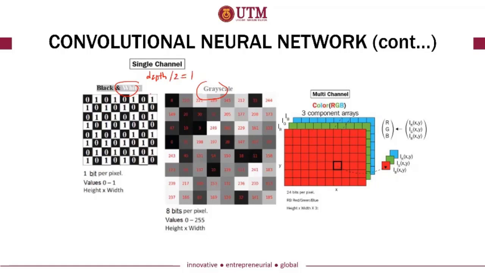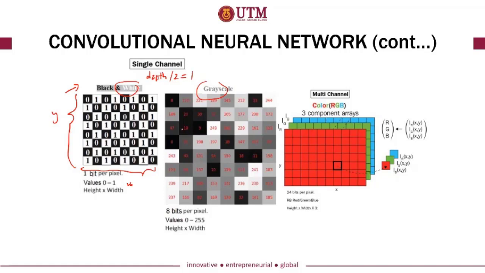You have the number of x, this is your x size, and this is your y size, but the depth going in that direction is only equal to 1 because you only have one layer there.